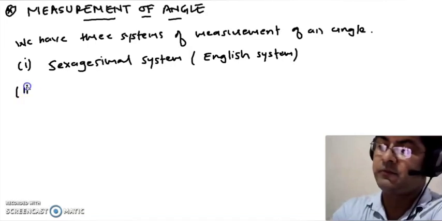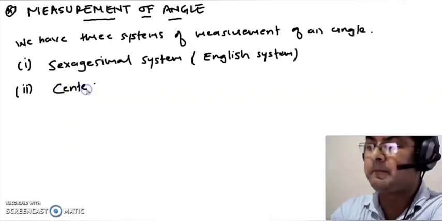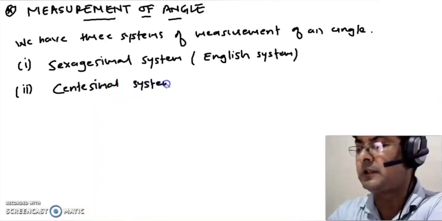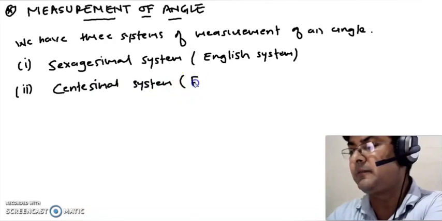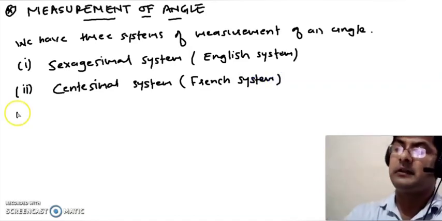Another system of measuring an angle is the centesimal system, which is the French system, and the third one is the circular system.